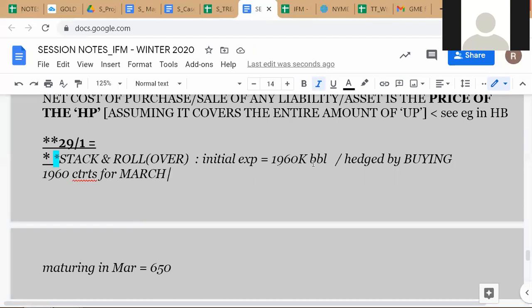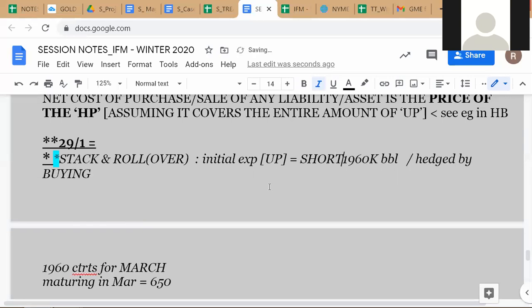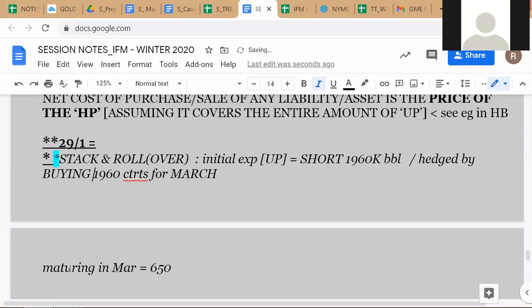I had an exposure of 1960 barrels, the underlying position, and it was short 1960. It was hedged by buying 1960 contracts for March. Why? Because each contract is 1,000 barrels.